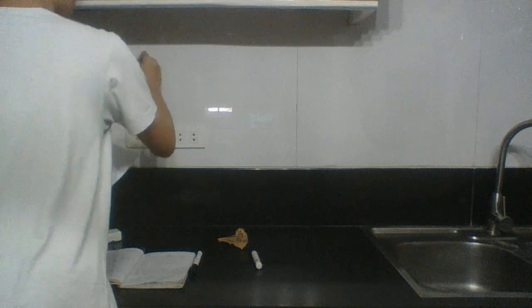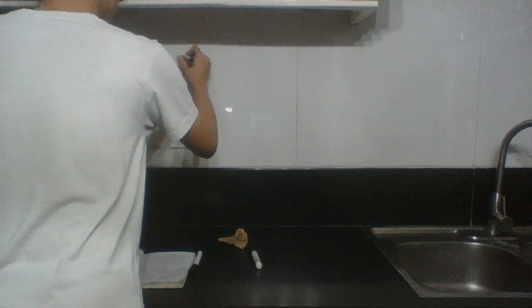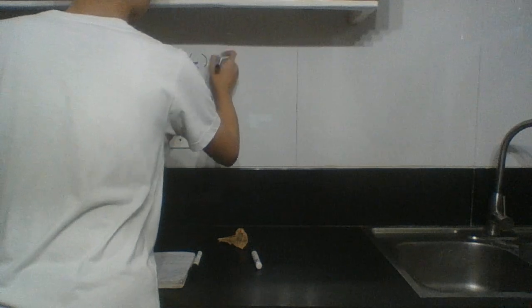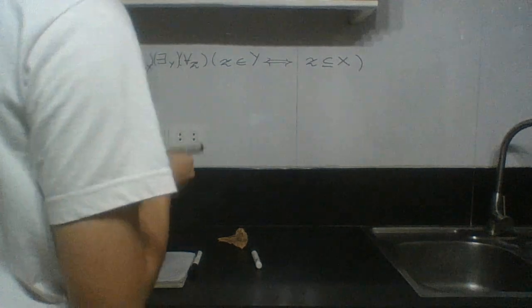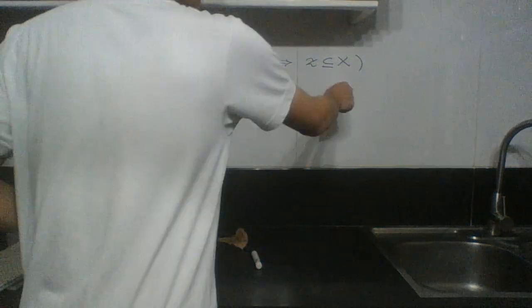So it's formally stated as follows. For all sets X, there exists some set Y, such that for all Z, Z is in Y if and only if Z is a subset of X. This terminology is a bit weird because we can either think of Z as an element or as a subset.